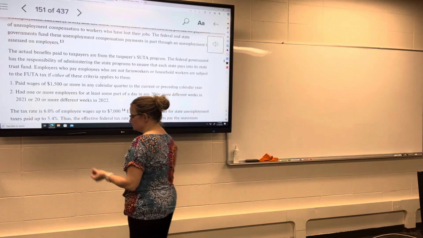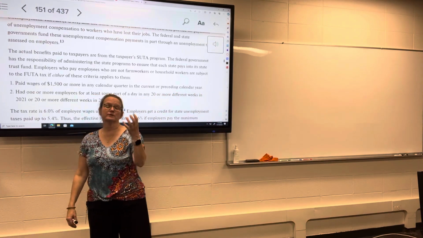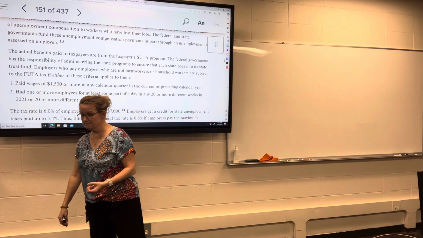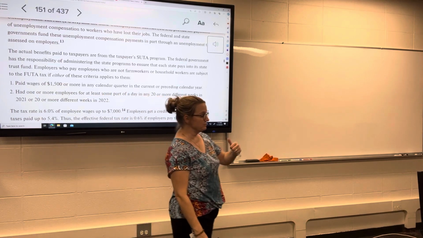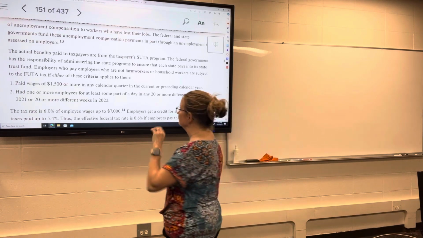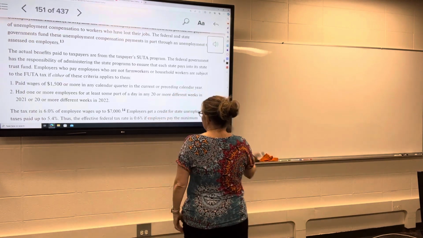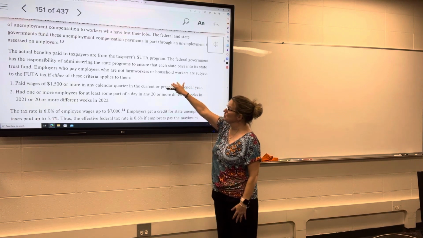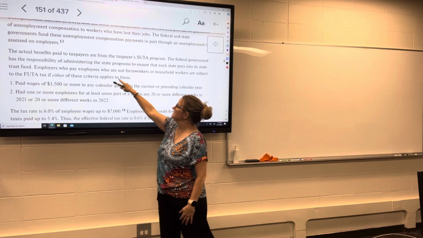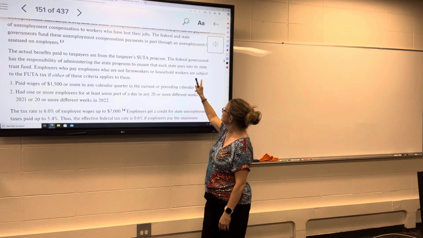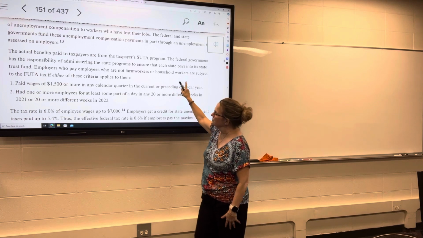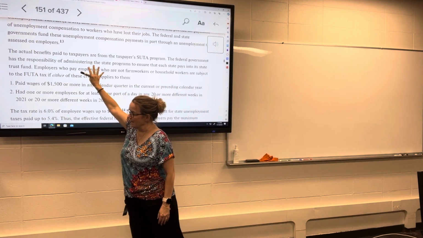The revenues from FUTA taxes administer the unemployment program, whereas the revenues from SUTA taxes actually pay the benefits out to unemployed individuals. Employers who pay employees who are not farm workers or household workers would be subject to the FUTA tax.